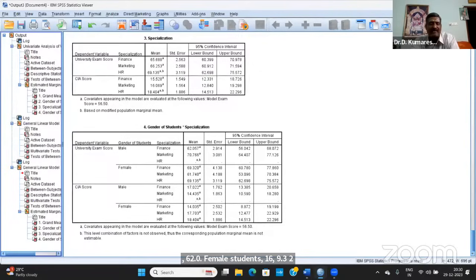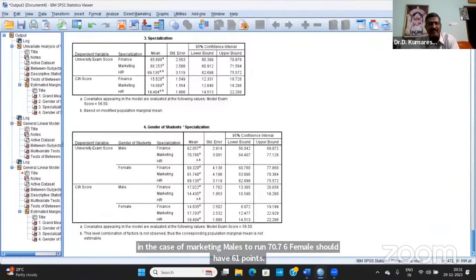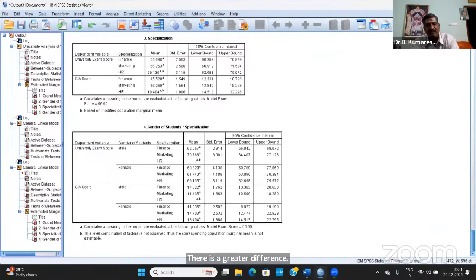In the case of marketing, male students 70.76, female students 61.70. There is a greater difference between male and female students. Male students have been better than the female students in marketing. In HR, we cannot go for comparison because there is no male student, only female students are there. Their performance is 69.135.